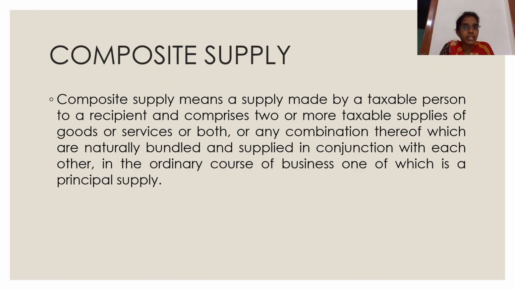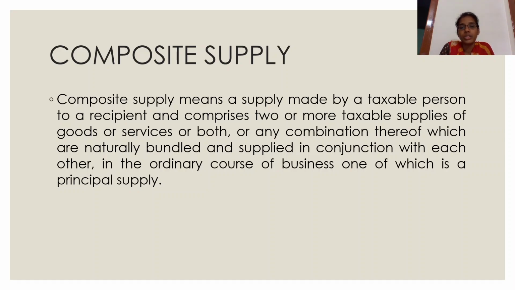What is composite supply? Let's start with the general meaning. Composite supply means a supply made by a taxable person to a recipient. The supply is being made by a registered person to any other recipient and comprises of two or more taxable supplies. When supply is of individual products, it is not a composite supply.